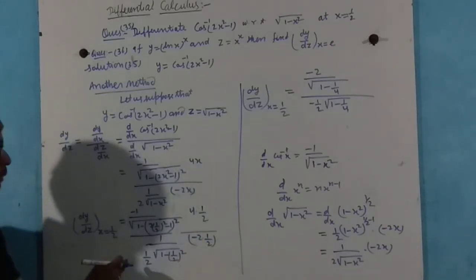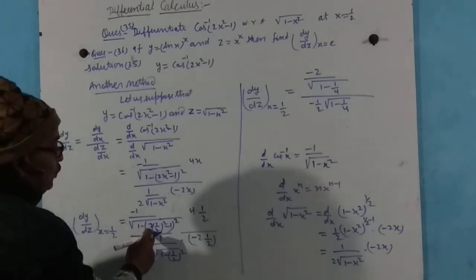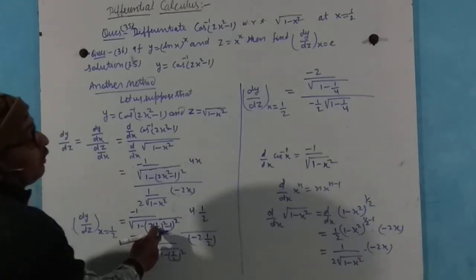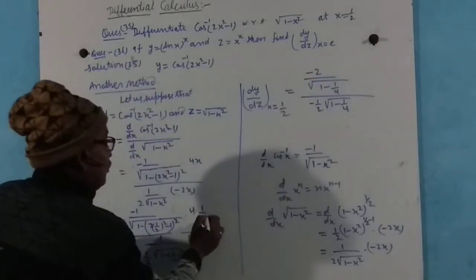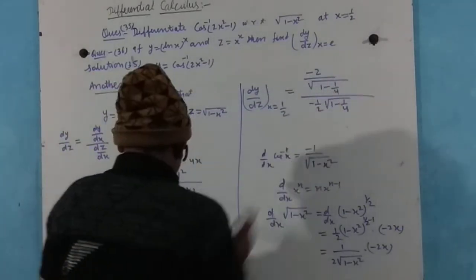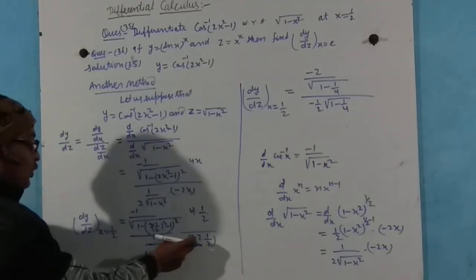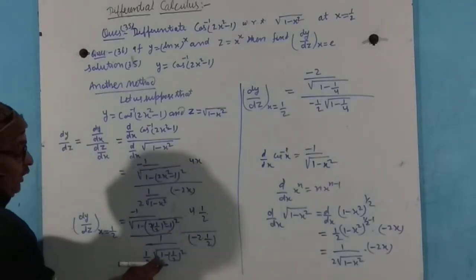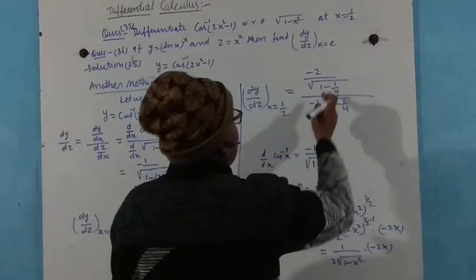Now this is half square 1 by 4, and in this case the 2 and minus 2 cancel, under root 1 minus 1 by 4, and this and this cancel here.